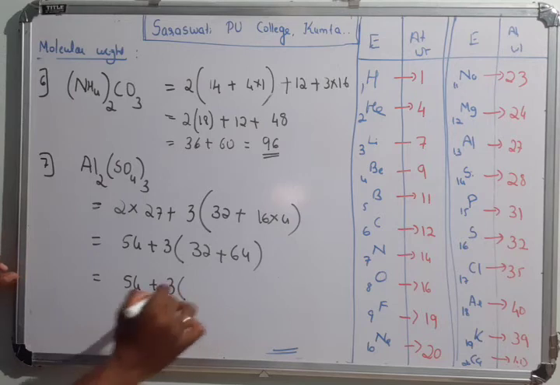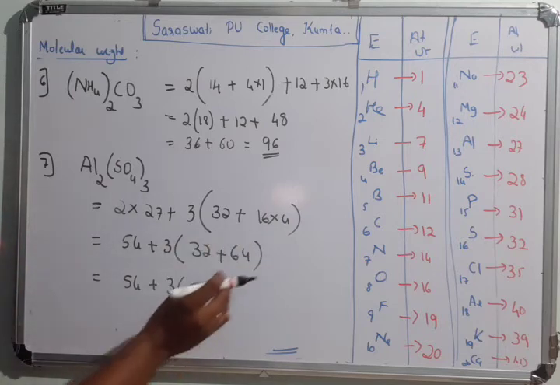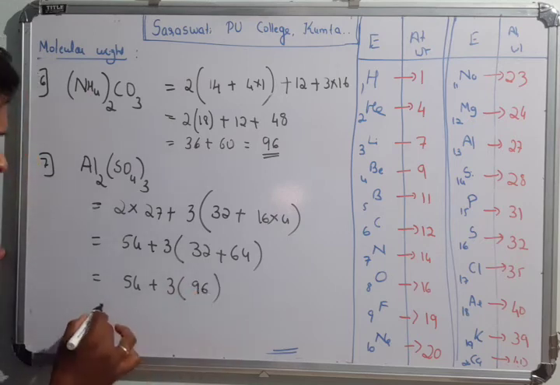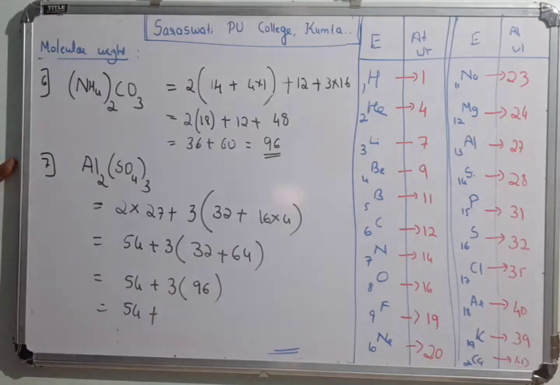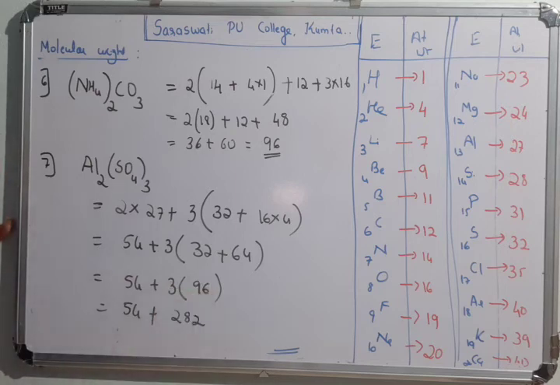So again we'll simplify further now. 3 times of 32 plus 64. If you add these two, you will be getting 96, right? Again we'll simplify with one more step. 96 into 3 will be around 282, right?